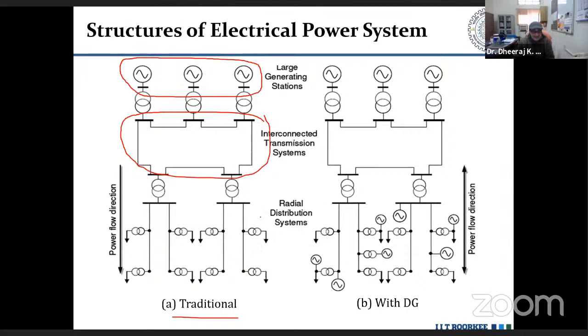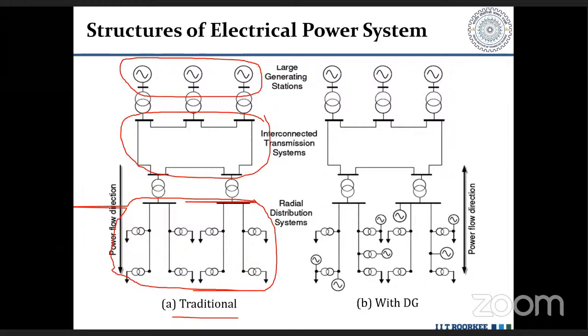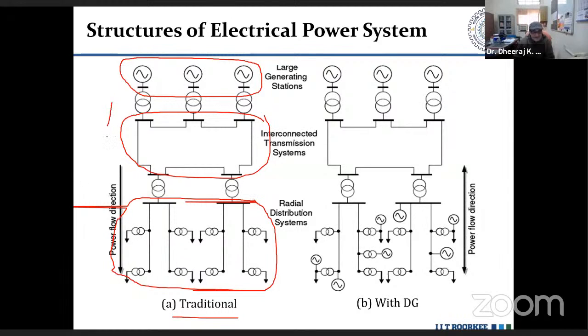And then here we have the distribution system, which is mostly radial. Here the power flow direction is from the generating station to distribution networks, and we have consumers connected at distribution networks. So the power flow direction is unidirectional.